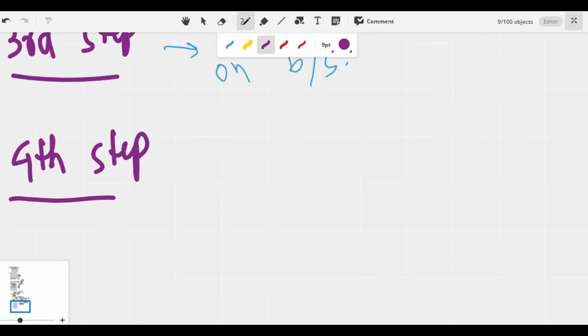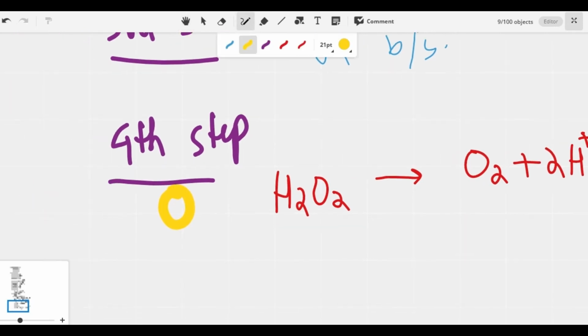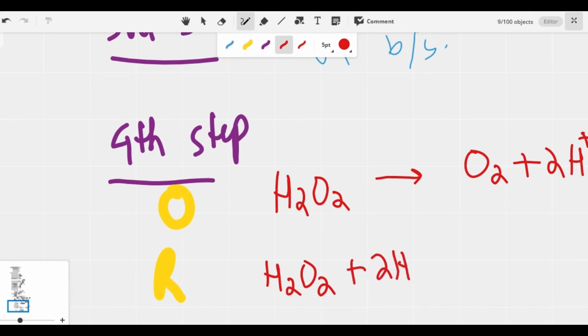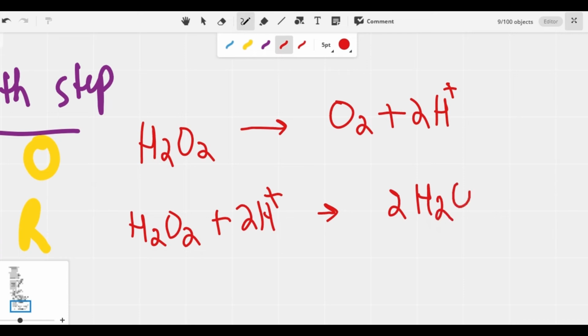I'm going to write the equation again: H2O2, here that is oxidation, and in the reduction, here is H2O2 plus 2 protons, that will give 2H2O. Now you need to balance the electrons.